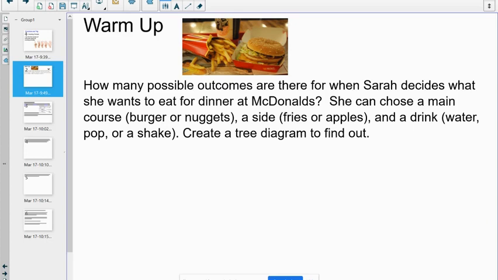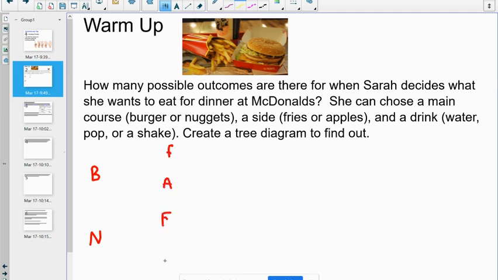So for here, if we start out with our main course, we could choose between a burger or nuggets. Now, our second one we're deciding between is a side. You can choose fries, with an F, or A for apple.